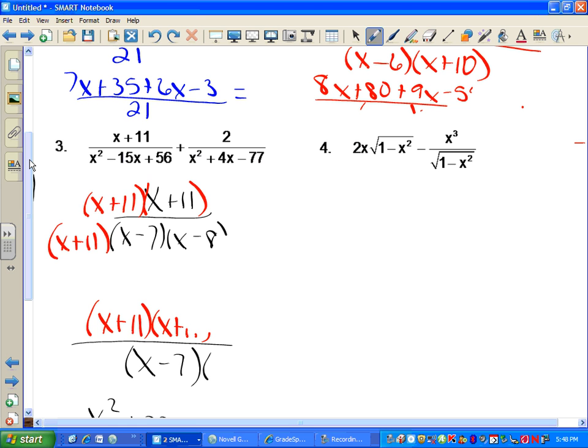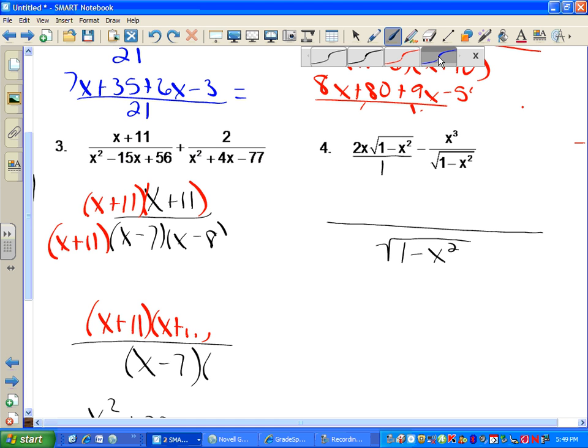If I put a 1 under there, what's your common denominator? It would be the square root of 1 minus x squared, right? So let's think this through.